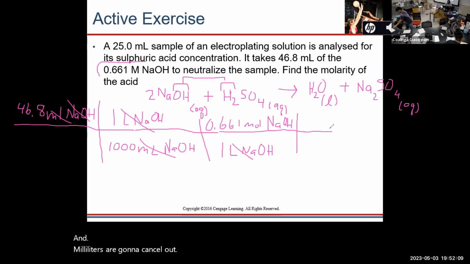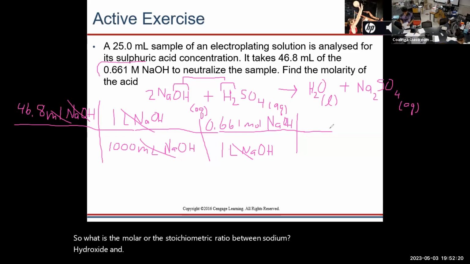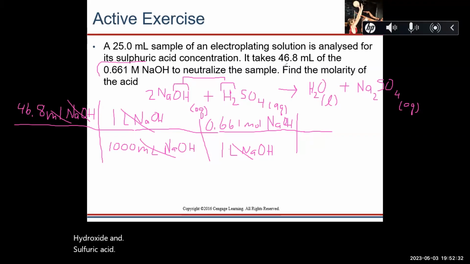So what is the molar or the stoichiometric ratio between sodium hydroxide and sulfuric acid? Two to 1. It's 2-to-1.